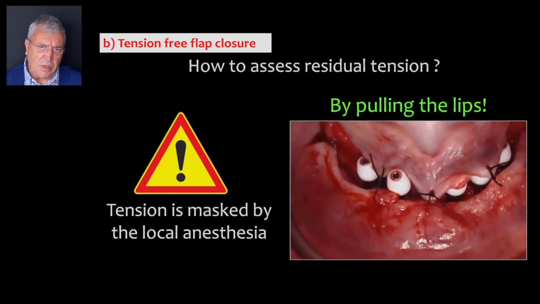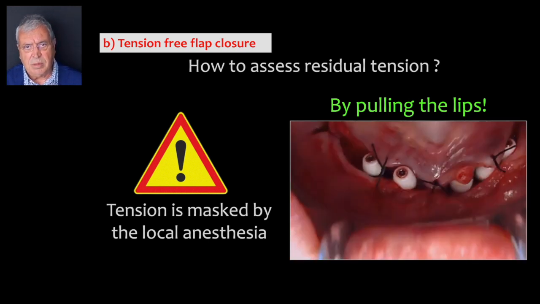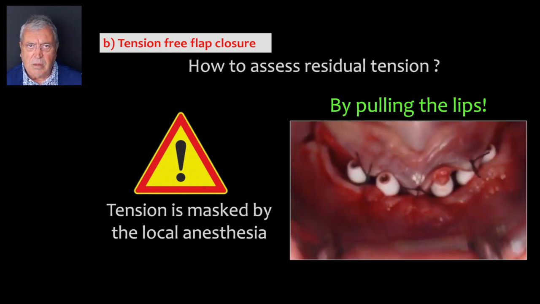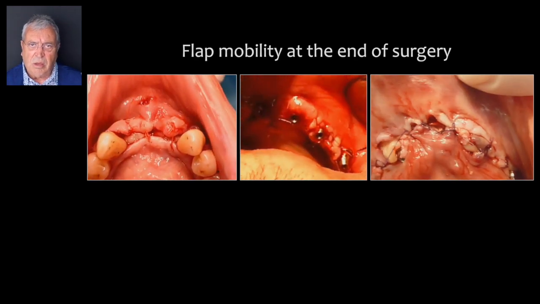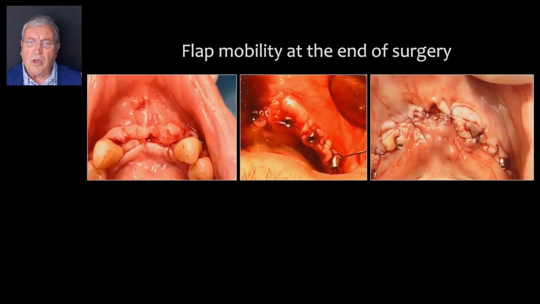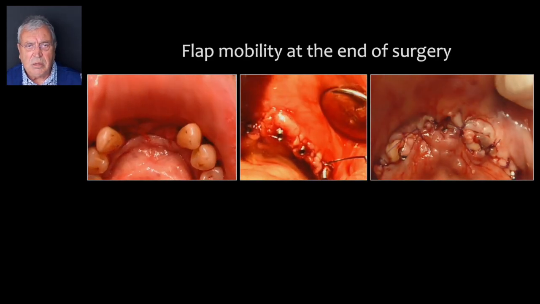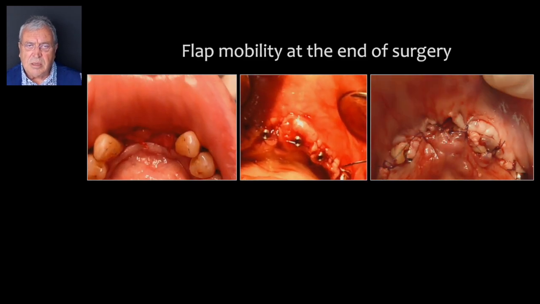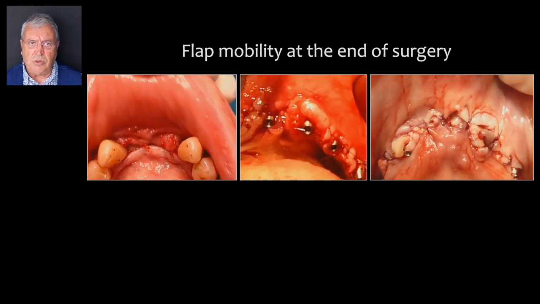And then you will see two things: the tension and the mobility of the flaps. This is how to assess it. If you pull the lips, you will see how mobile the flap is and how it is under tension when the patient is smiling, coughing, speaking, eating. This test is mandatory at the end of the surgery.